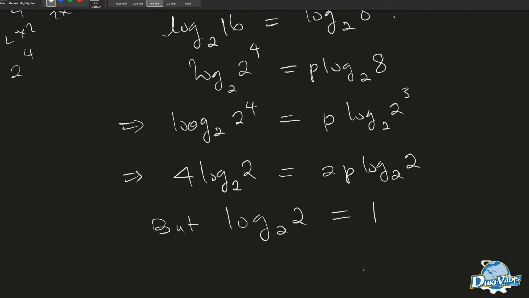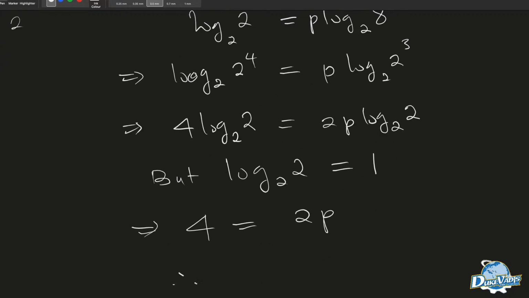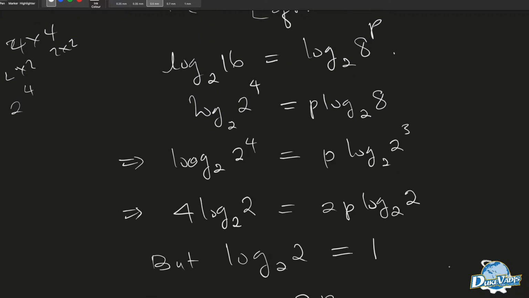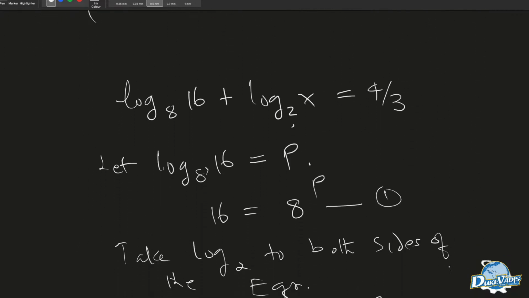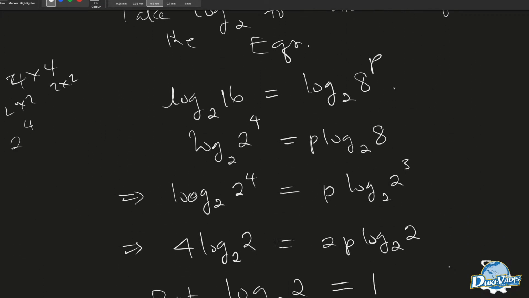So our left hand side will be 4 equals 3p, and therefore p equals 4 over 3. So log base 8 of 16 is 4 over 3.